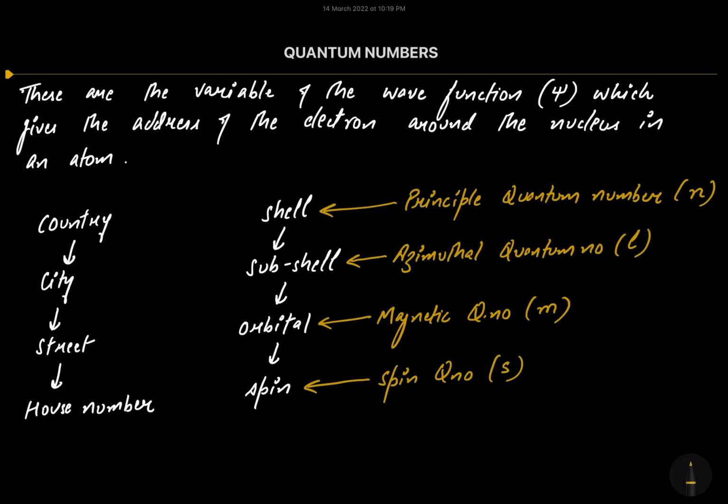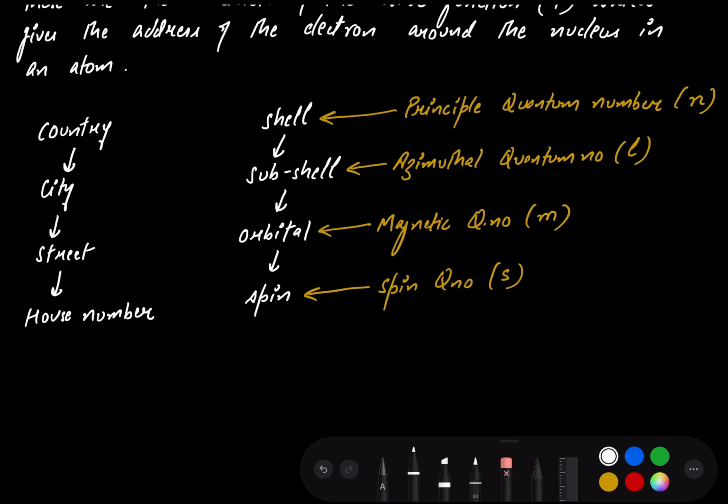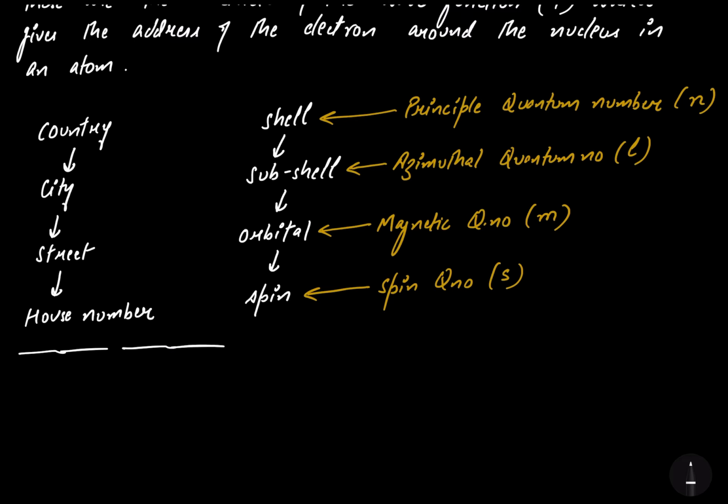So let's talk in detail about the principal quantum number. The first quantum number is the principal quantum number.